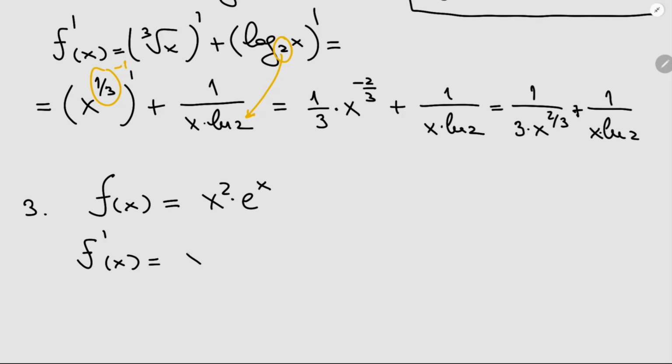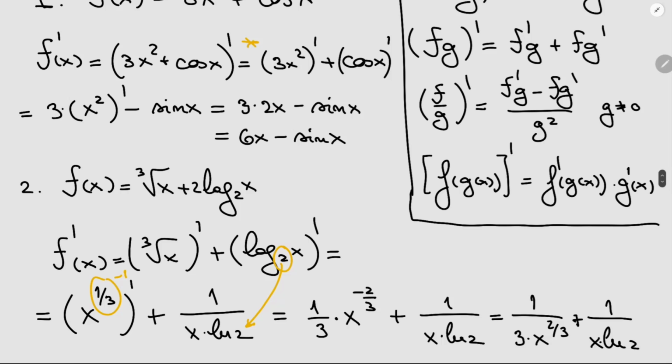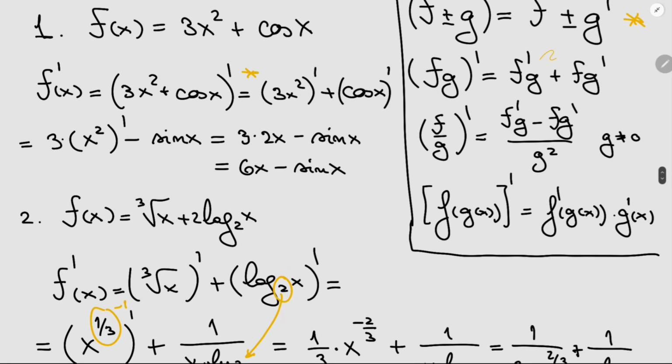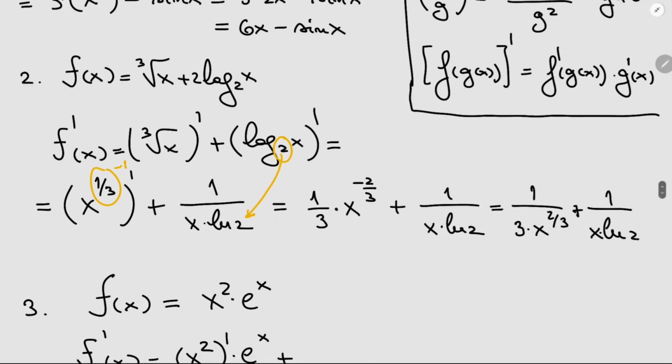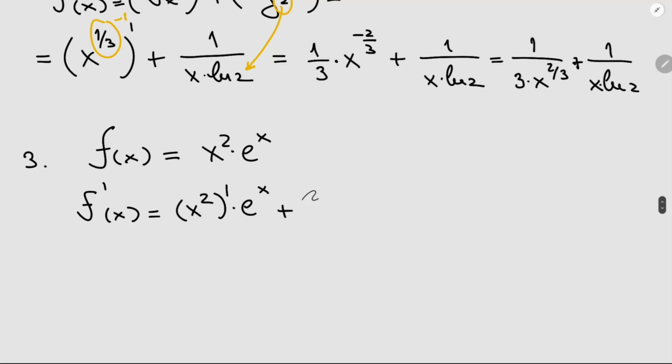So I will calculate the derivative of the first term times the second one. And now I want to add, so let's see how the formula was. So I did f prime times g, and now I want to add f times g prime. So the first one doesn't get derived, so we have x squared. And now we want to derive e to the x.